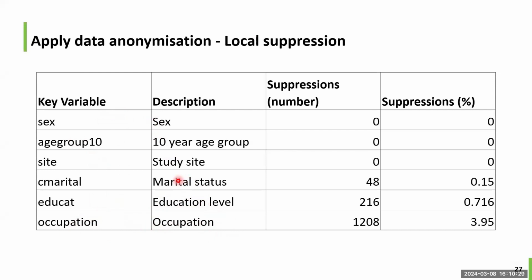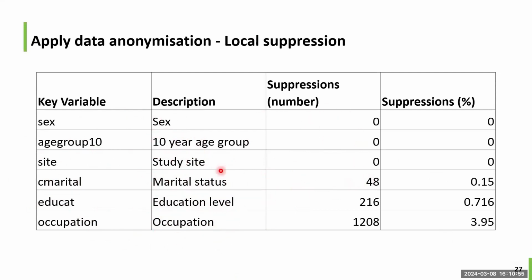So in sdcMicro, you can tell it, my priority for suppression of values, or for removing some of the data, remove more from occupation and education and so on. When you really can't remove more from these, then maybe consider the other ones.